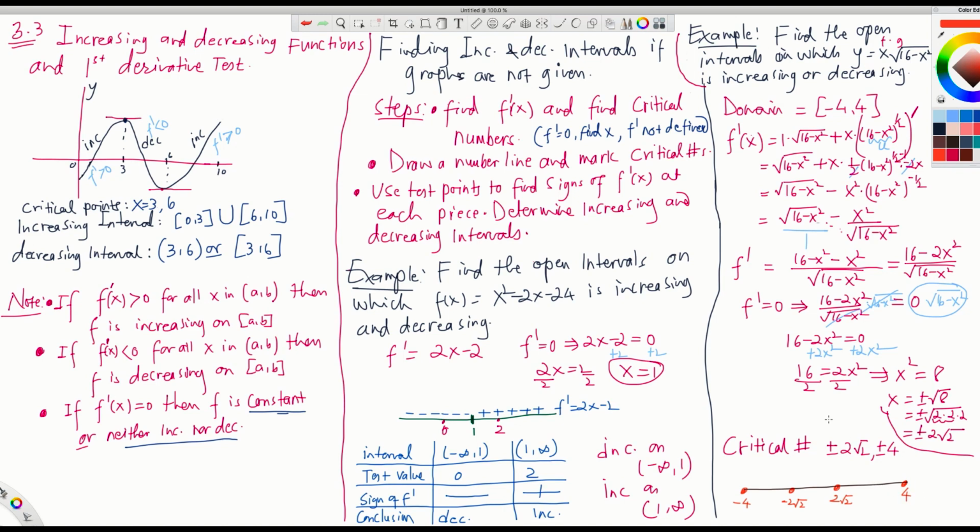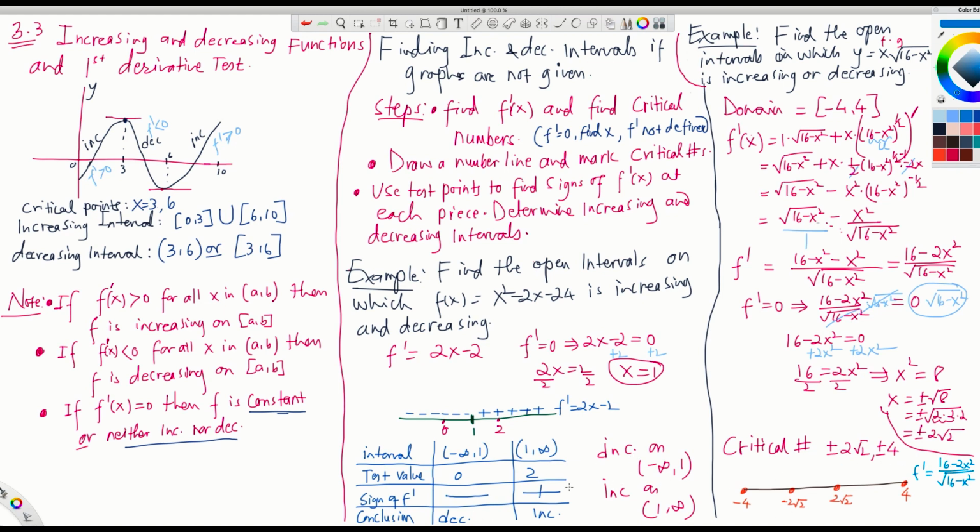So what is your f prime? F prime is that quantity, right? Let me write down f prime here: f prime equals 16 minus 2x squared divided by root of 16 minus x squared. Okay, I don't have space to make a table.